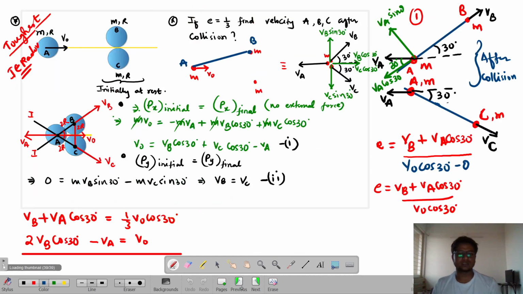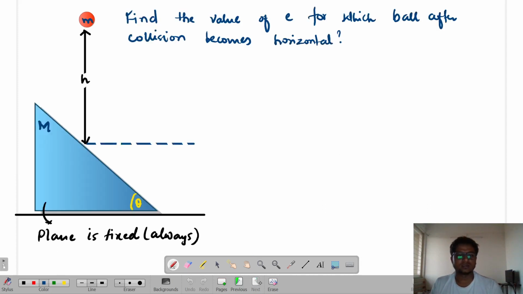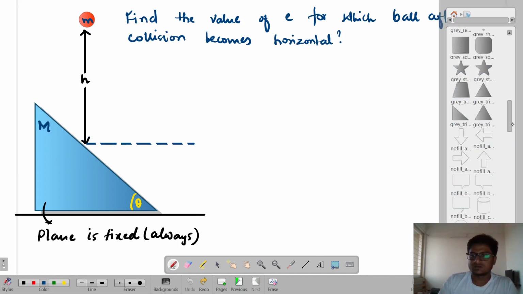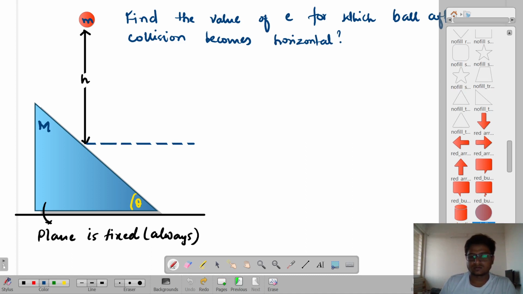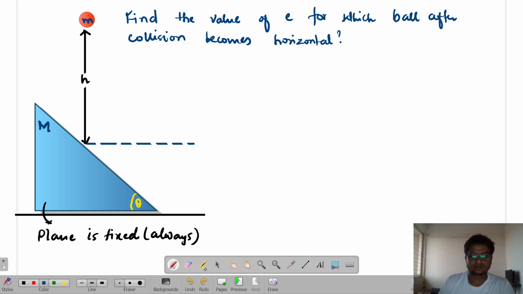Try to do it, it's similar to this one. You have to think about the line of impact, means try to resolve the velocity along the line of impact. I'm just giving you hints. Okay, one minute. When it will collide over here, the ball will have originally its V0 velocity, V0 equal to root under 2gh, isn't it? This velocity will be downwards.